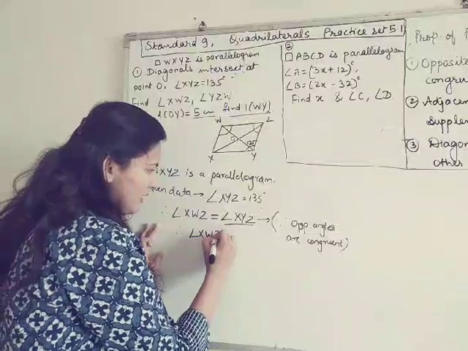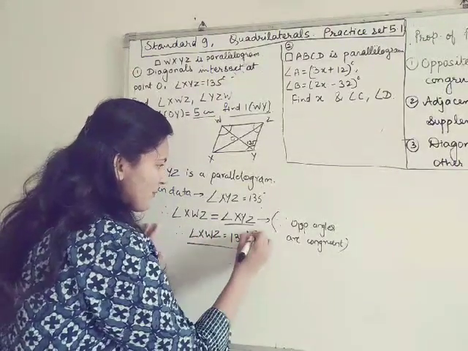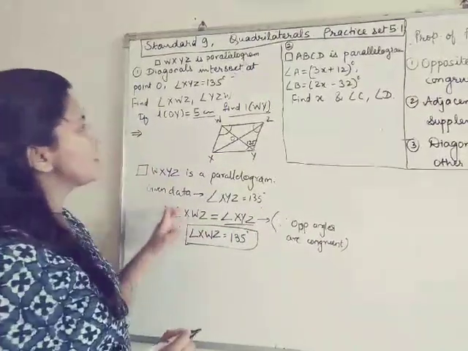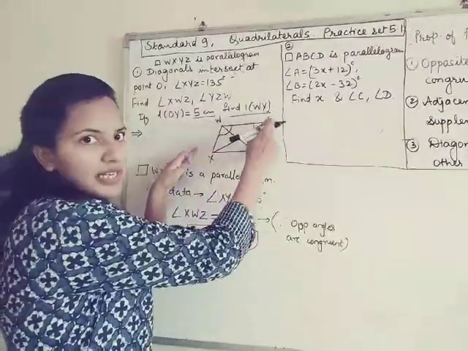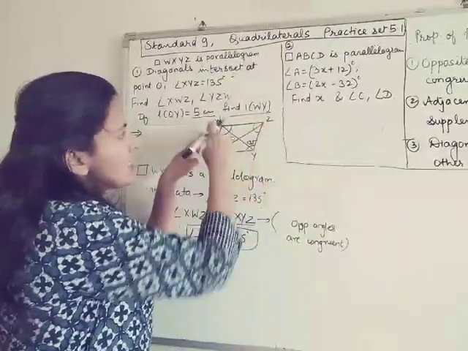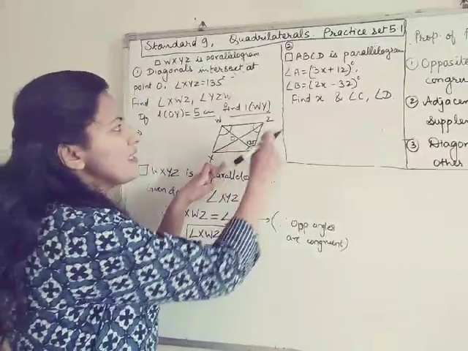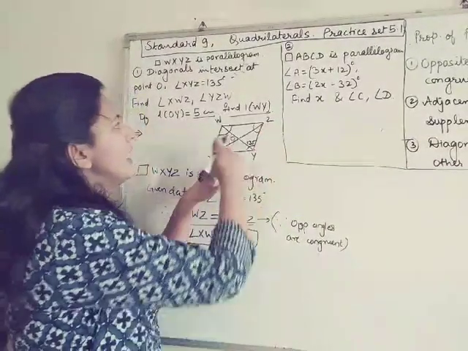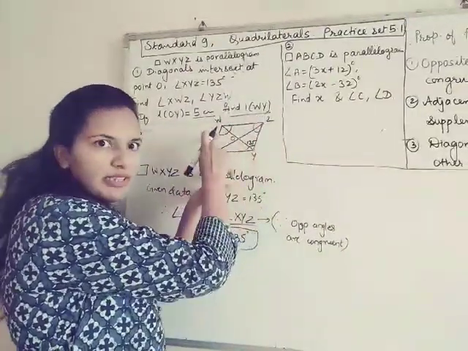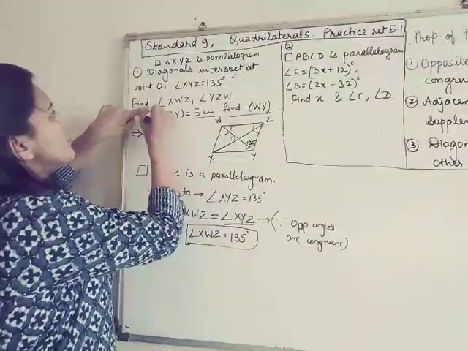XWZ will also be 135 because XWZ is congruent to XYZ as these are the opposite angles of parallelogram. So if XYZ is 135, XWZ will also be 135. So here we got the answer for the first.